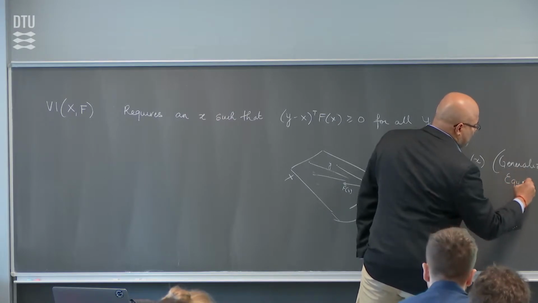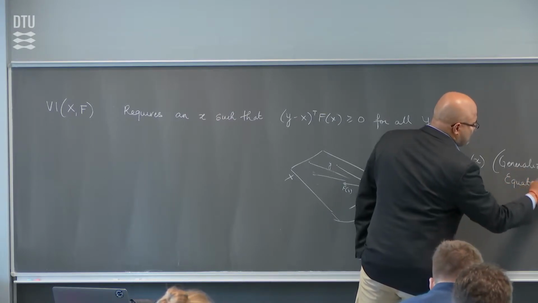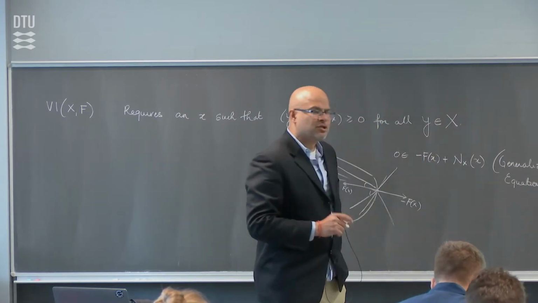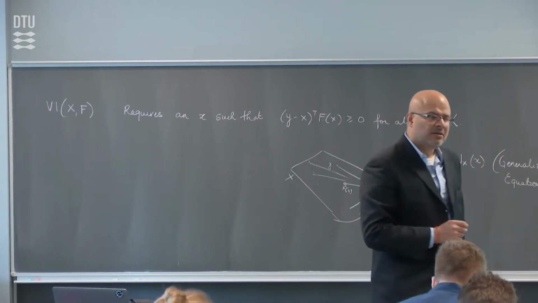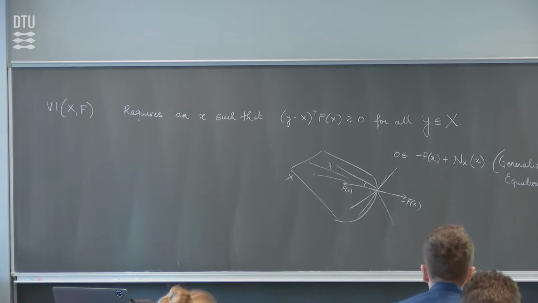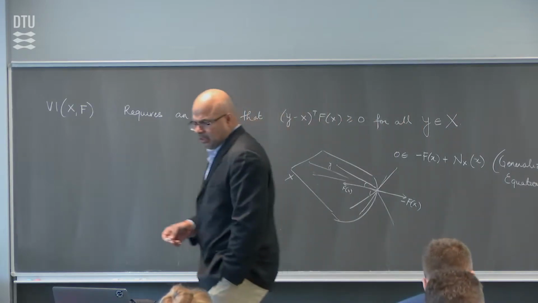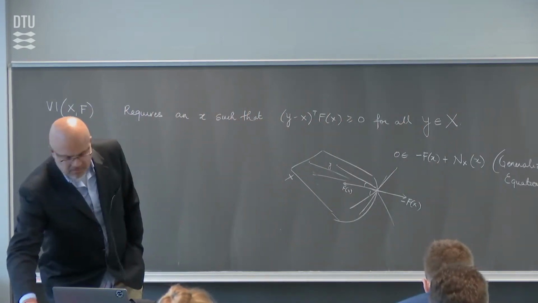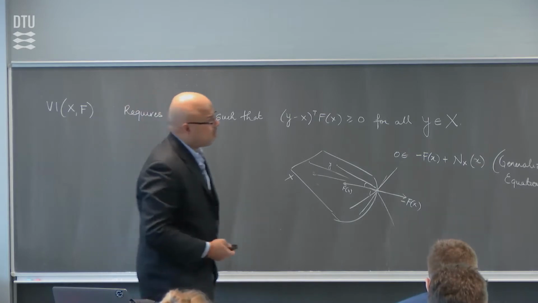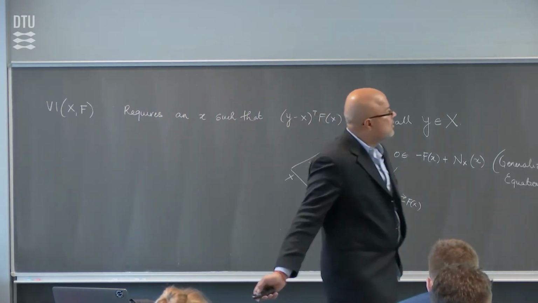Okay. Now today what are we going to do? We're going to focus on providing you with tractable conditions for when such problems have solutions, and when those solutions happen to be unique. Let's start with the simplest problem that leads to a VI, which is a convex optimization problem.